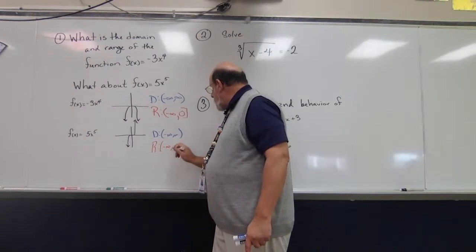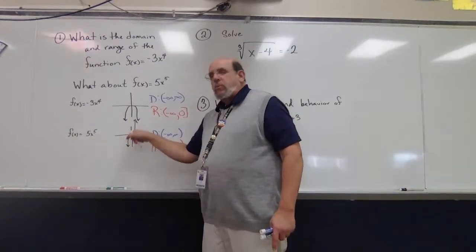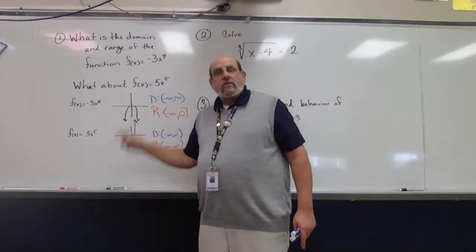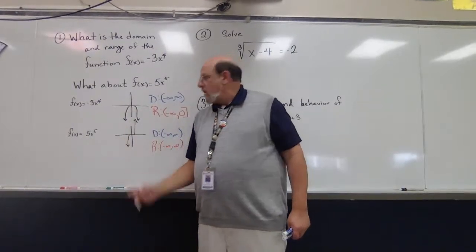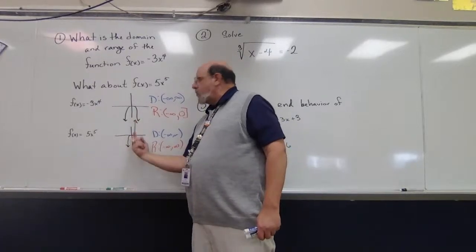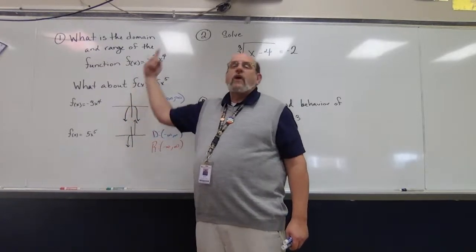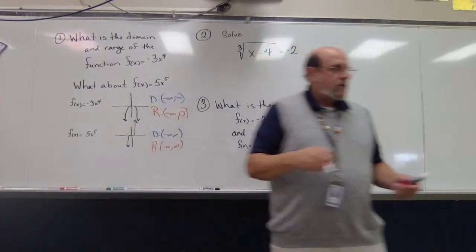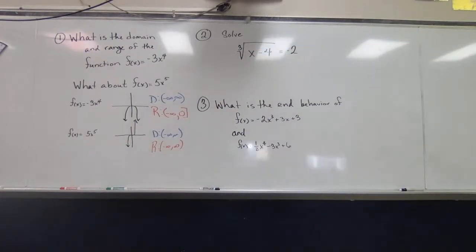See how that arrow is pointing down? That means it goes down infinitely. See how this arrow on this right side is pointing up? It goes up infinitely. Never stops, because we can just keep putting larger and larger values in, get out a larger and larger number.